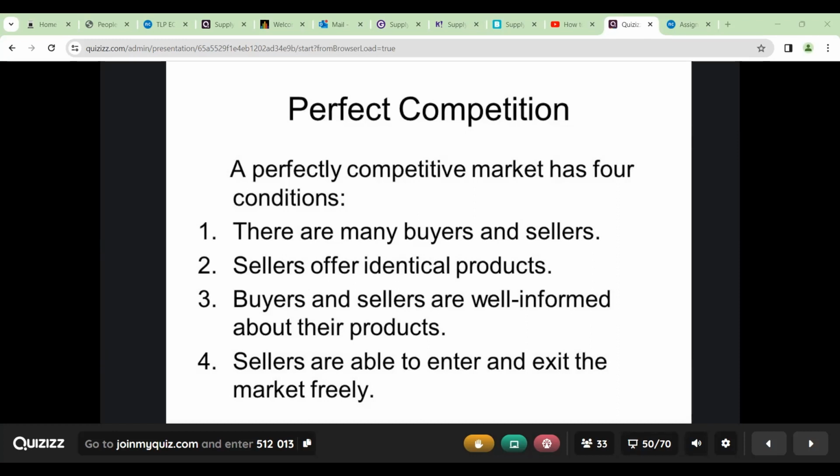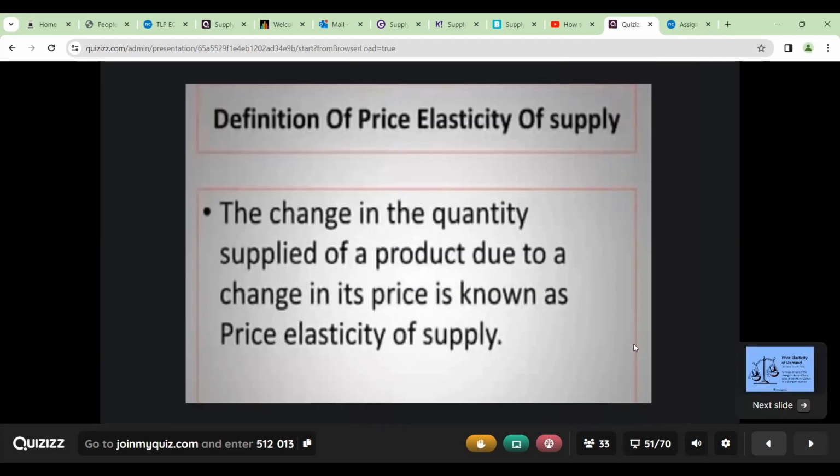So there is good and bad to perfect competition and low competition. Depends on who you are. If you're an investor, you would want low competition. If you're a consumer, you want perfect competition.